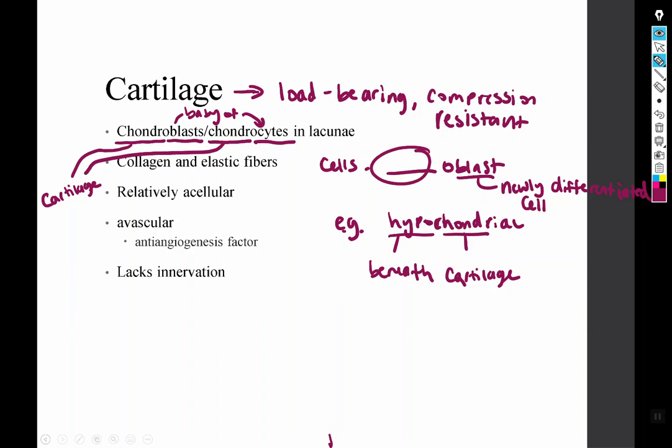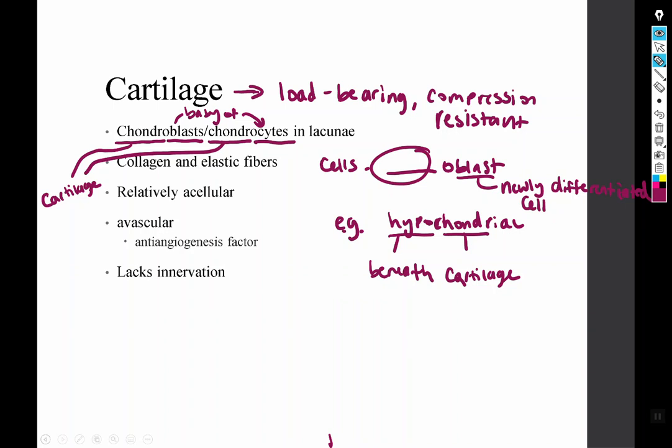So a cell that has just turned from being a mesenchymal stem cell into being a cartilage cell that's going to secrete cartilage matrix, that cell is a chondroblast. It's just formed. It just decided what its specialty was. After a while, that chondroblast is going to surround itself with cartilage matrix until it's completely walled off in a hole called a lacuna.